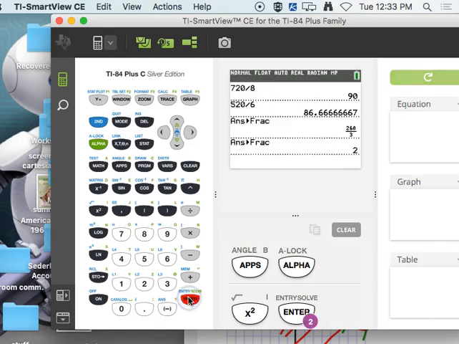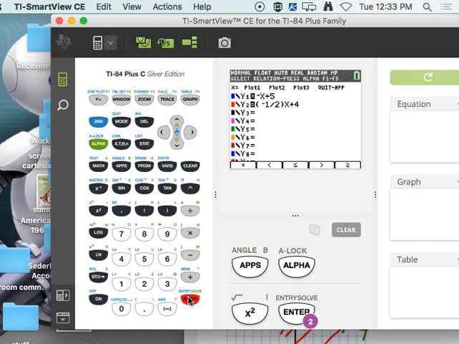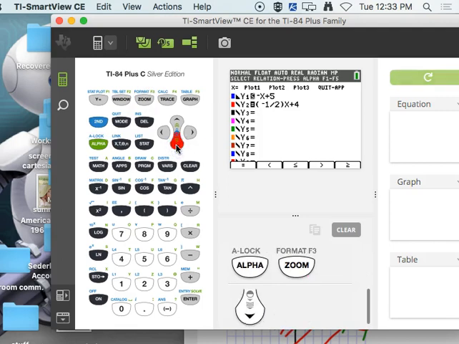So now it's giving me the option, instead of equals at these positions, I can use any of these buttons to change it to an inequality, but I have to use the green alpha key first and then see what I want. So if I want less than or equal to, I'm going to have to hit alpha and zoom to change that from equals to less than or equal to. And I want to do that for both of them. And I'll give you a chance to go ahead and punch those in.